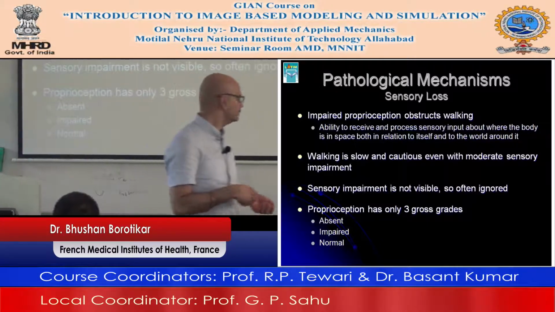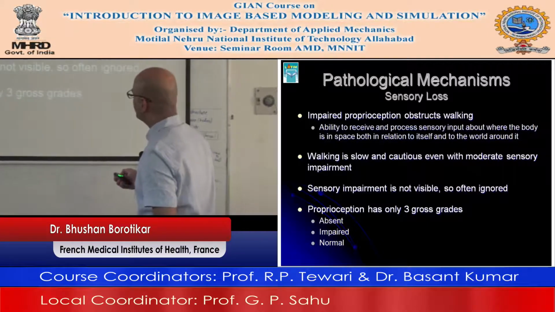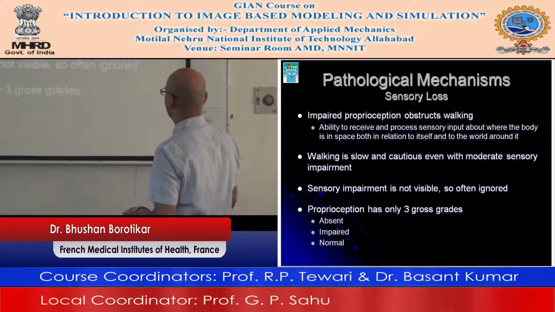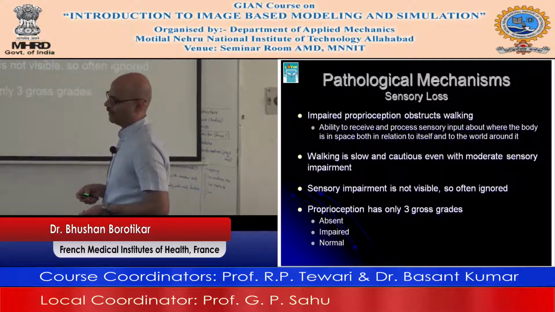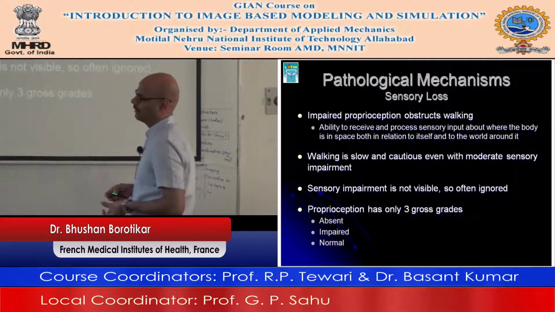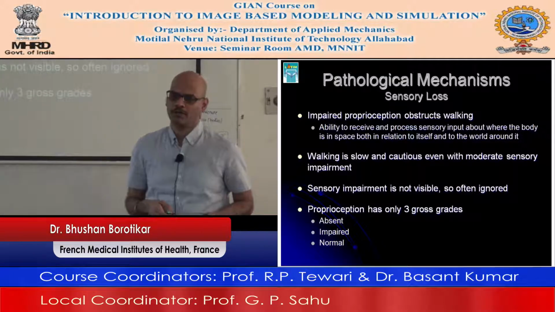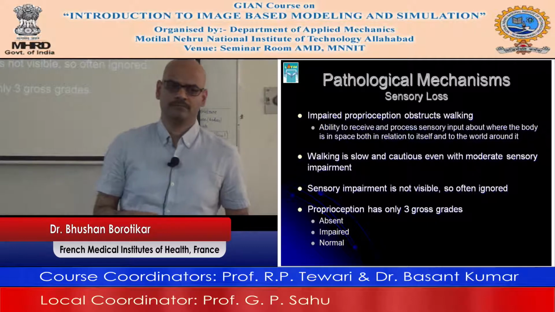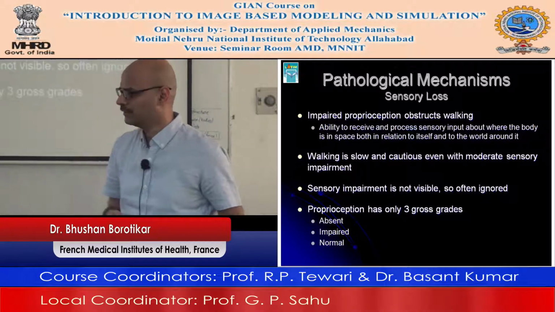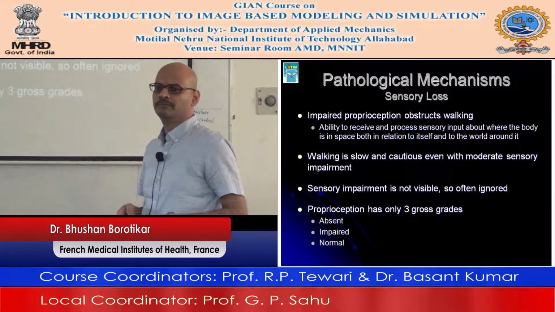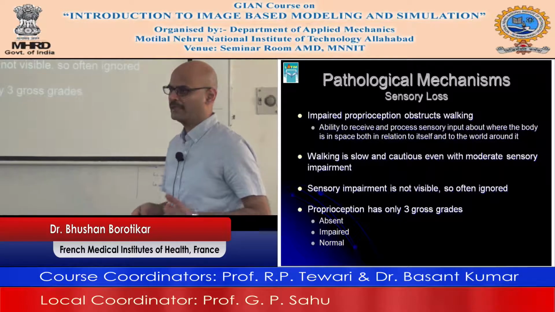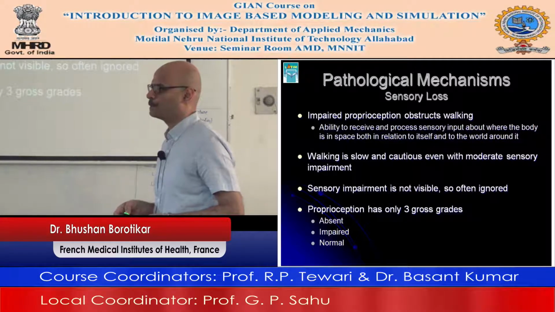That's an example. Walking is slow and cautious even with a moderate sensory impairment. You close your eyes and try to walk. You will either fall down or you will walk slowly. Yes or no? That's one of the sensory impairments.